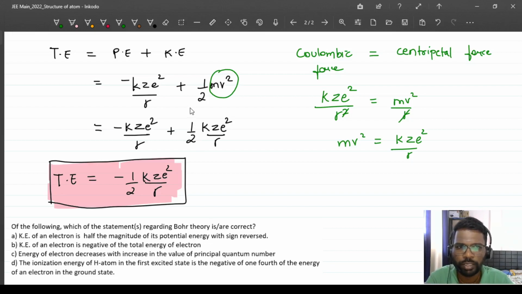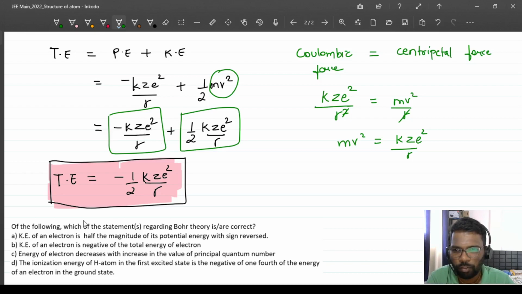What was the potential energy I was getting? This is the potential energy over here in this equation, and this is my kinetic energy. So by looking at this first statement, the kinetic energy is half the magnitude of its potential energy with a sign reverse. That's why the first statement is correct.